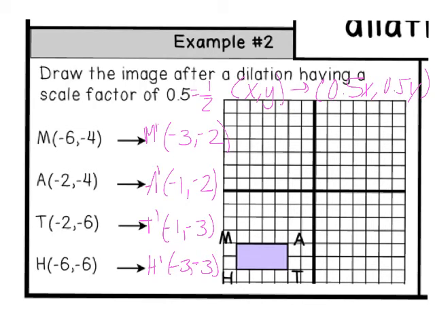So we have M prime at -3, -2, A prime at -1, -2, T prime at -1, -3, and H prime at -3, -3. Notice how this time our rectangle got smaller. We shrunk because our scale factor was less than 1.